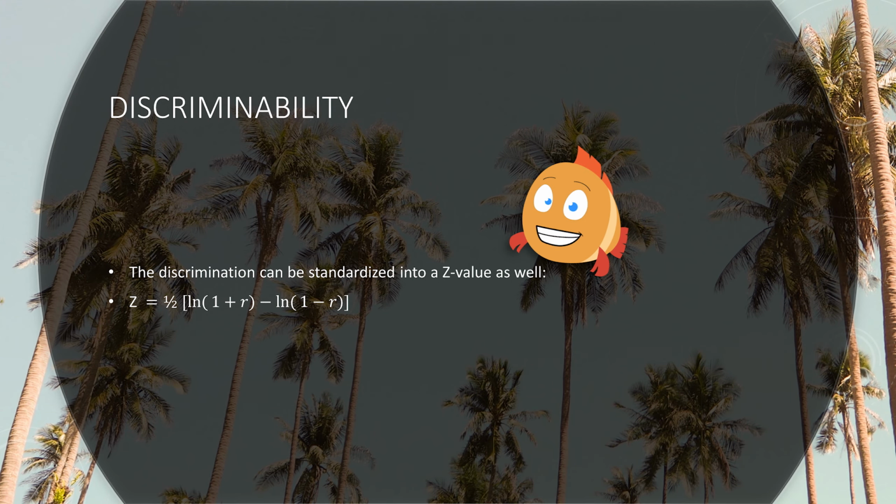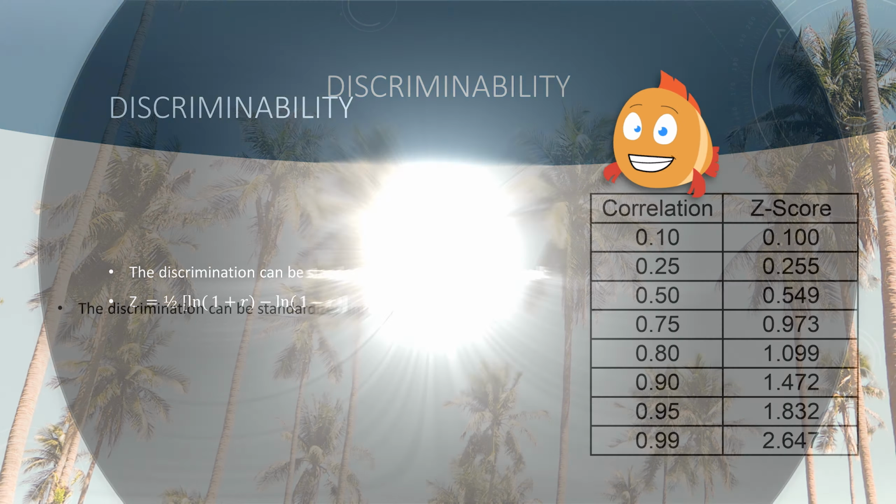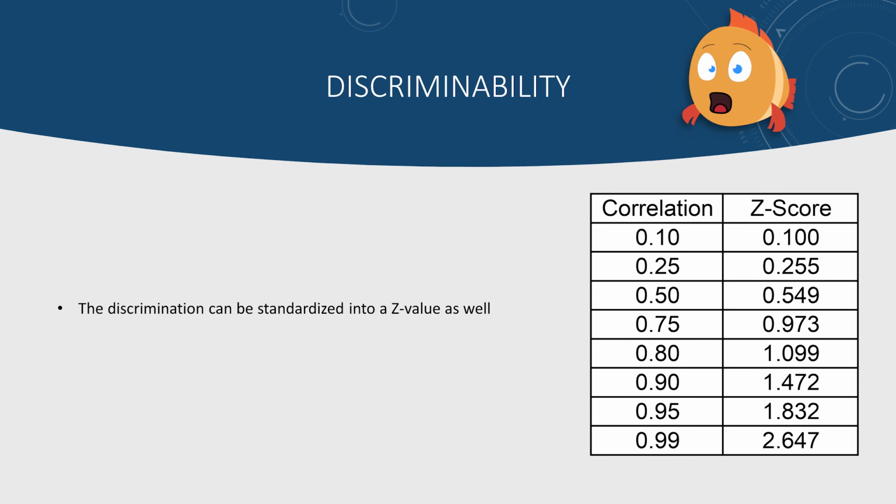Now, the discrimination index here can also be standardized into a z-value. It's one half of the natural log of 1 plus our correlation minus the natural log of 1 minus our correlation. And that'll give us a really nice z-score. Do I have a worked example? Oh, I almost do.